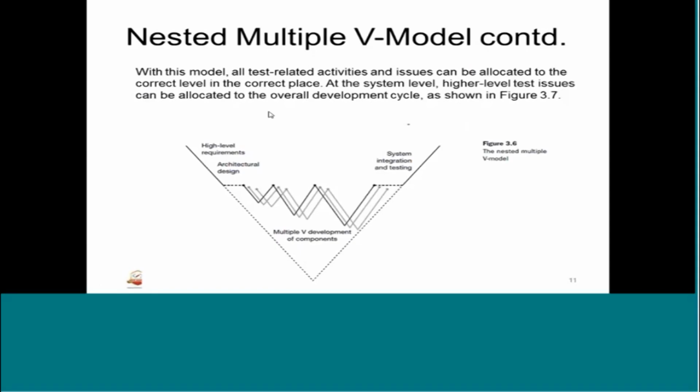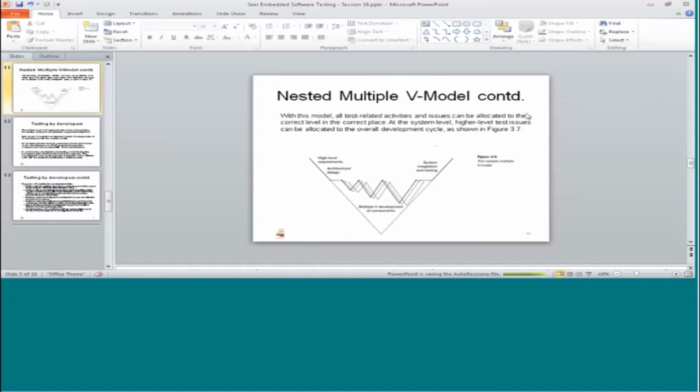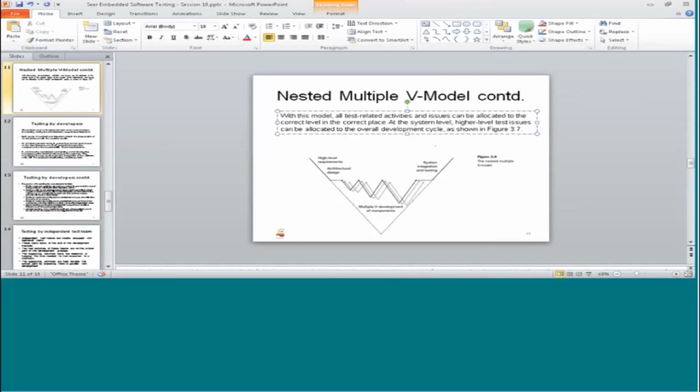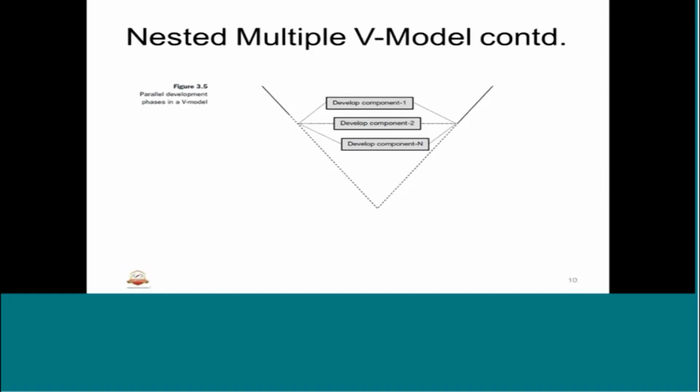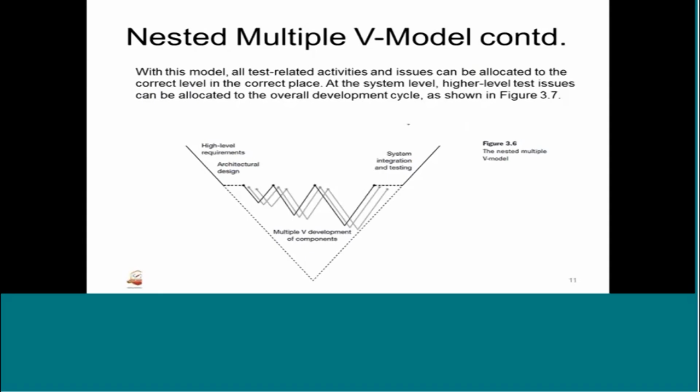There is one more figure, 3.7, I think. We have seen parallel development in terms of V model, component 1, 2, 3, etc. When it comes to the nested multiple V model, at the system level, test related activities can be allocated to the correct level.